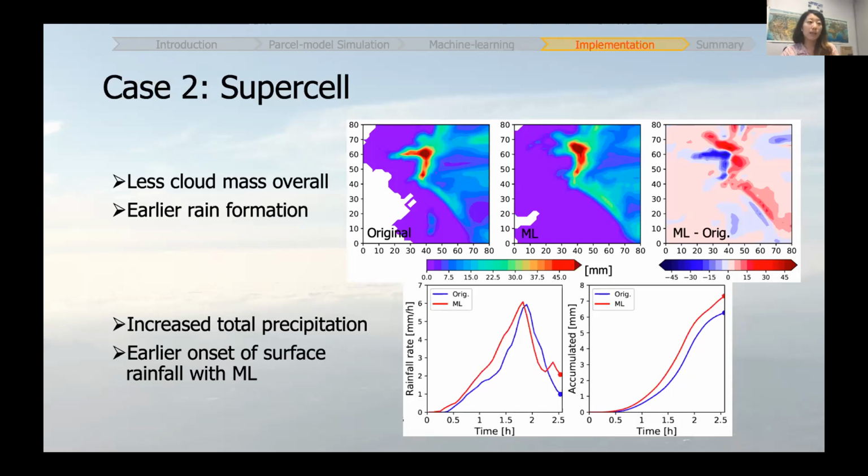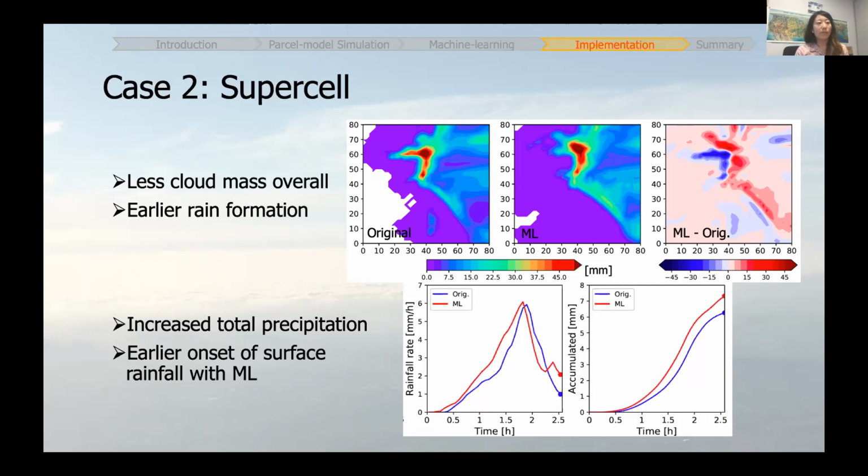And if we look at the rainfall rate in millimeters per hour and also accumulated precipitation in millimeters, at the bottom two figures, you can see the earlier onset of surface rainfall when I use the machine learned parameterization or trained machine in the simulation.